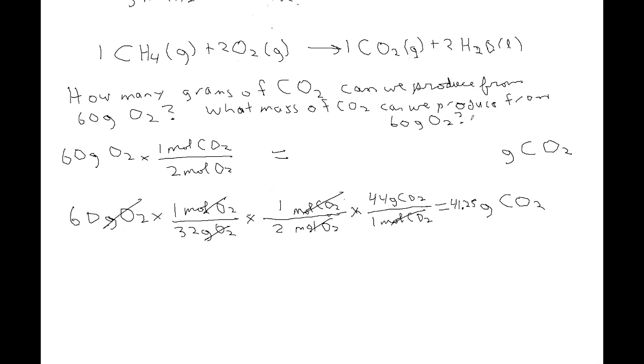What's the answer to this question? Wouldn't it be 41.25? I just want to make sure you realize that these are two ways of asking the same question. What are the units for mass? Grams. The first question I asked you was a little easier than you would see on the test. They wouldn't ask you how many grams, they would ask you what mass, and you would have to translate that into target units of grams.